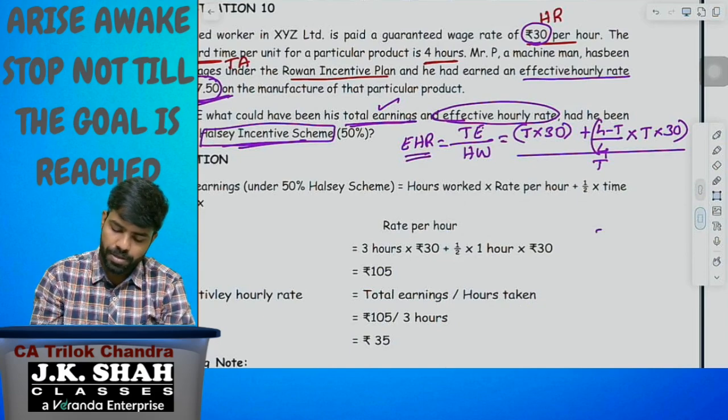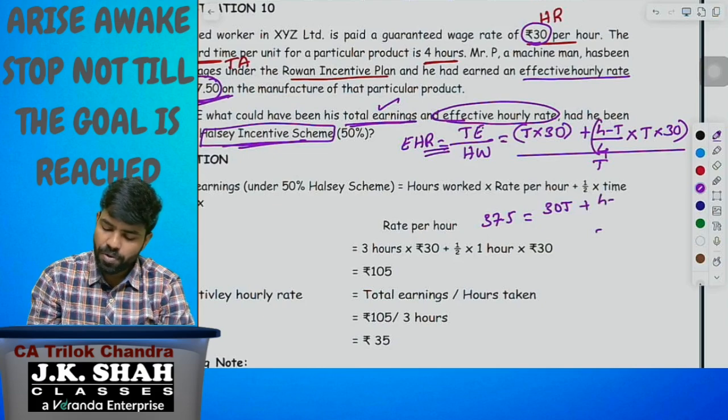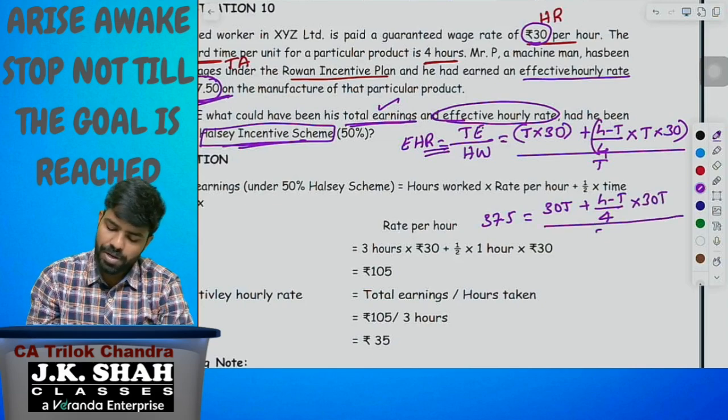Effective hourly rate given in the question is 37.5. Therefore, 37.5 equals 30T plus (4 minus T) divided by 4 into 30T, whole divided by T.